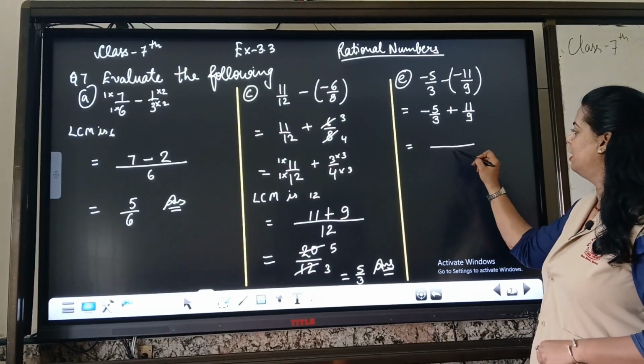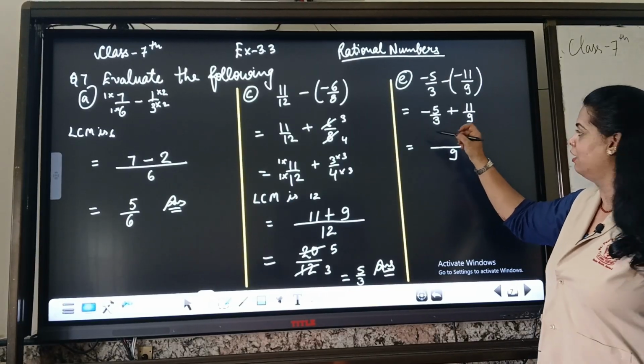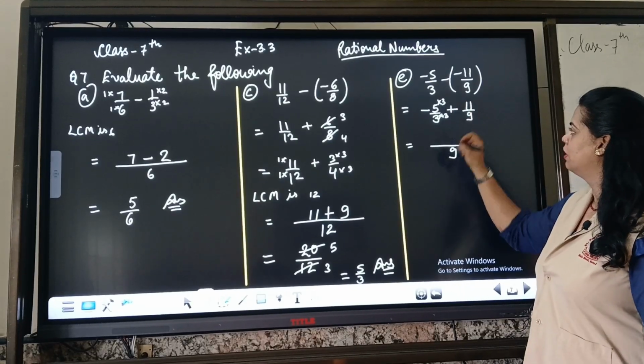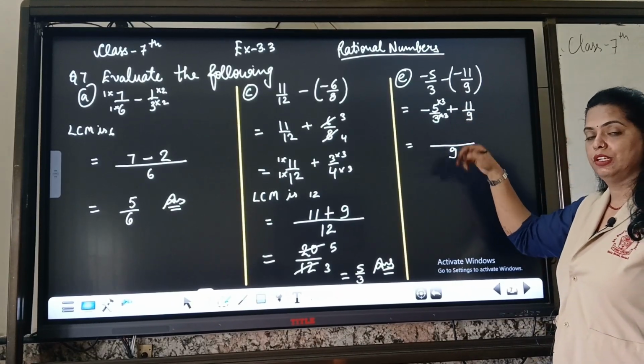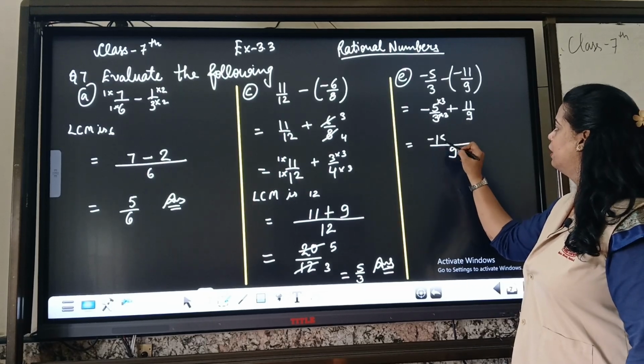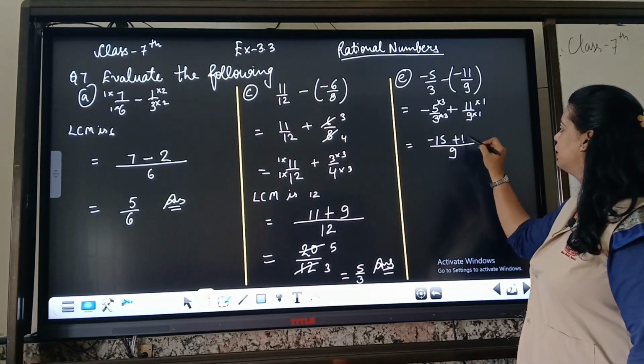So the LCM would be 9. Which number is to be multiplied with 3 to get 9? Yes, multiply by 3, and here also by using the equivalent fraction method which we learned yesterday. So 3 5s are 15 and here multiply by 1, it is 11.